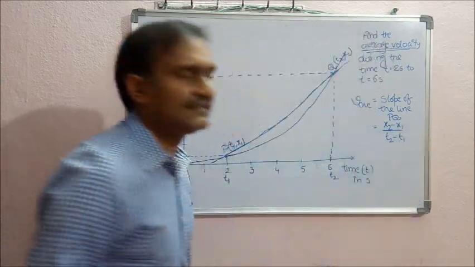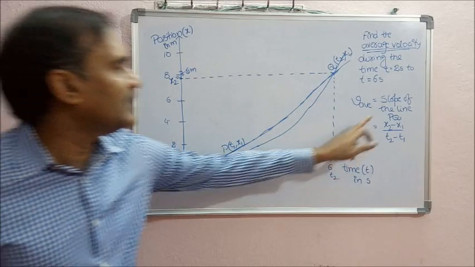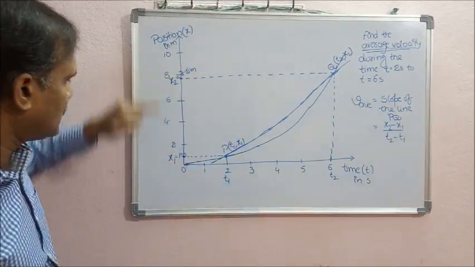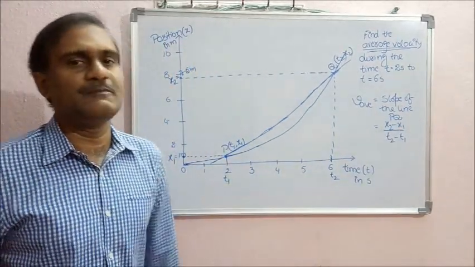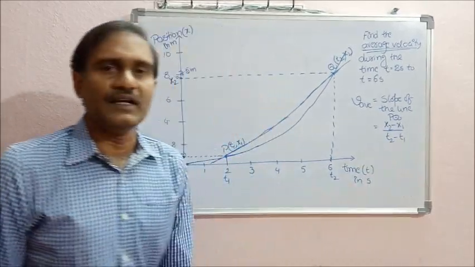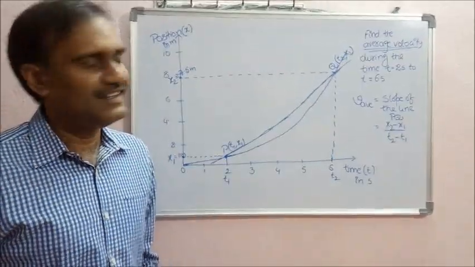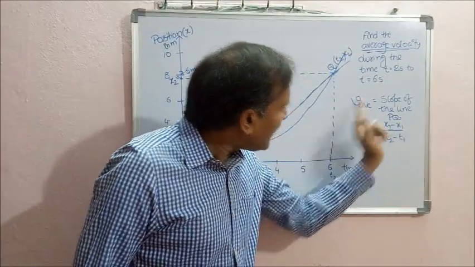What does x2 minus x1 indicate? Final position minus initial position. It indicates displacement. t2 minus t1 is the time interval. That becomes the average velocity.